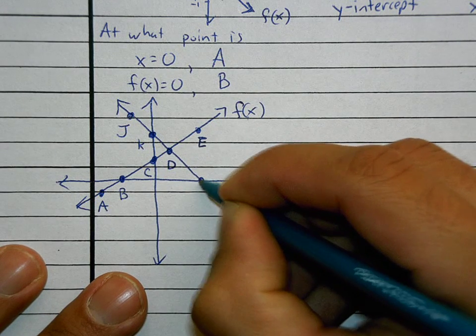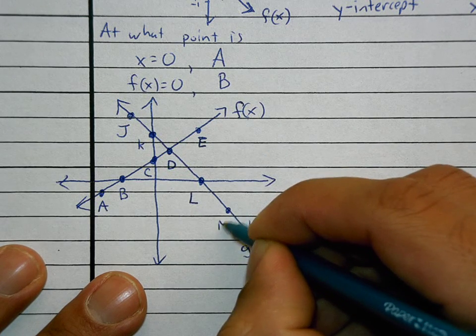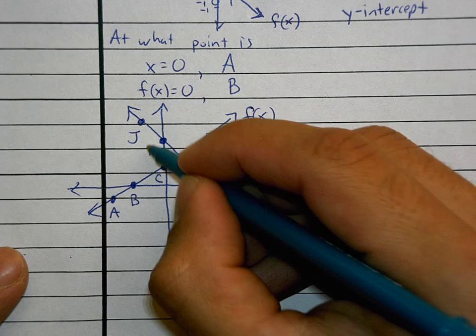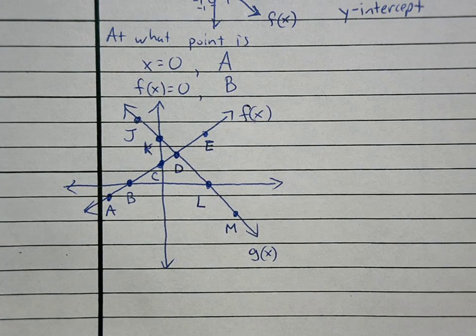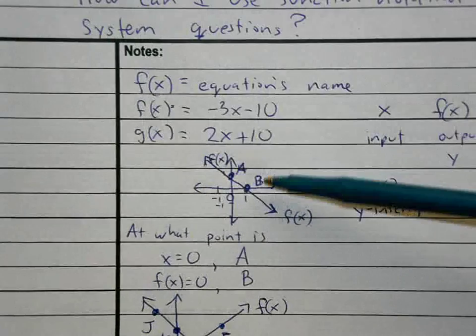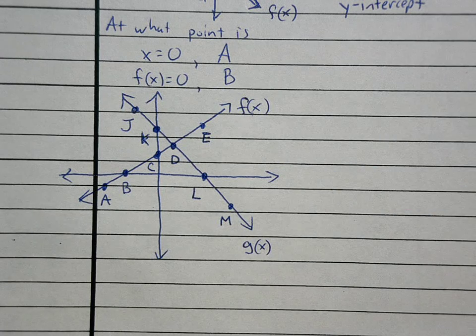J, K, L, and then lastly down here I'm going to put M. J, K, L, and M. Notice, instead of us just having 2 points to pick from, like the previous problem, now you have lots of different points to pick from.